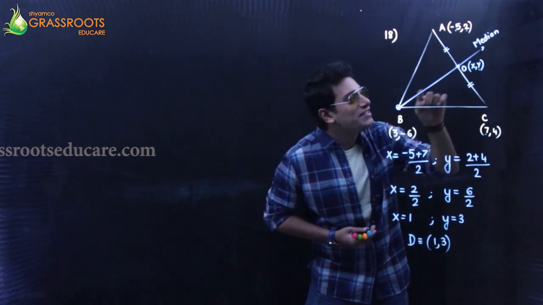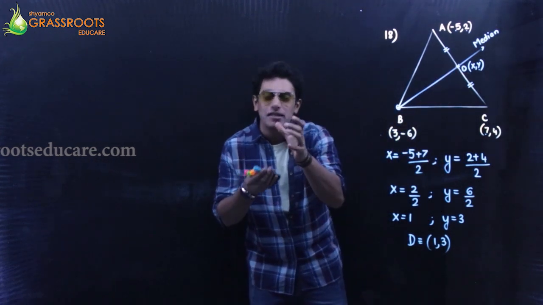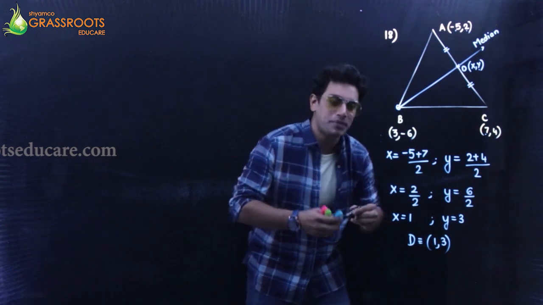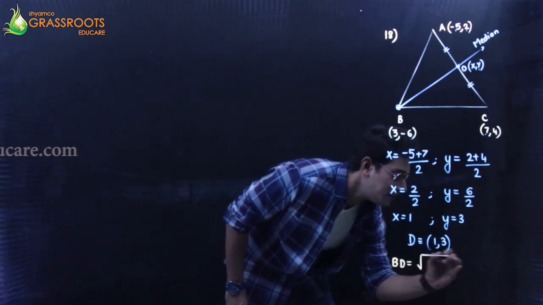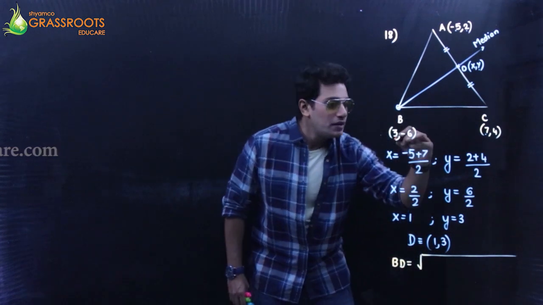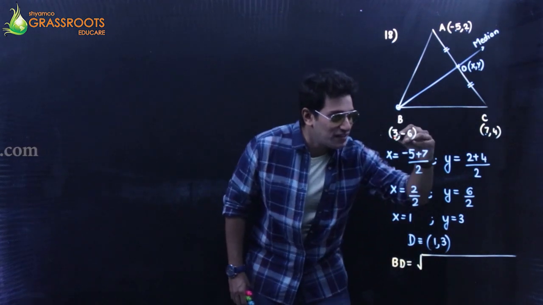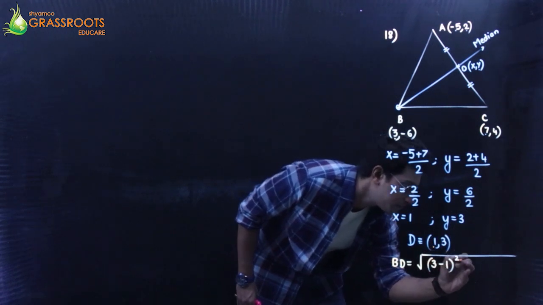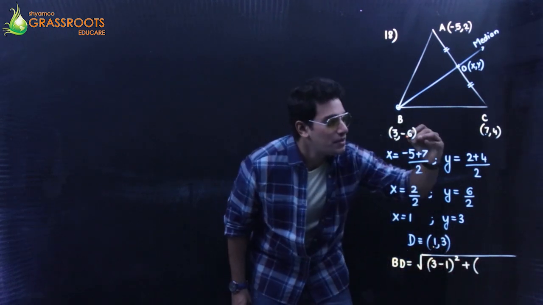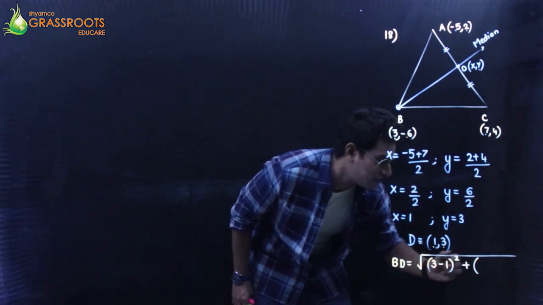Not over. I need to find the length of this median. The length means the distance. So I can say the distance of BD is root of x2 minus x1, so you can say 3 minus 1, plus minus 6 minus 3.